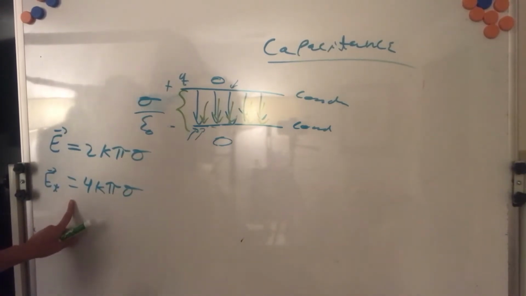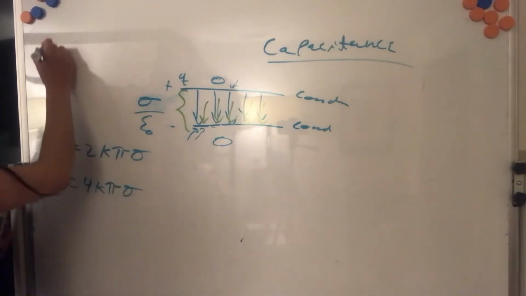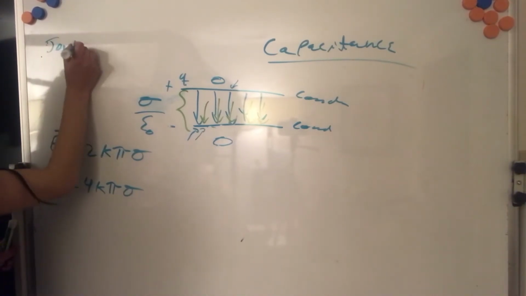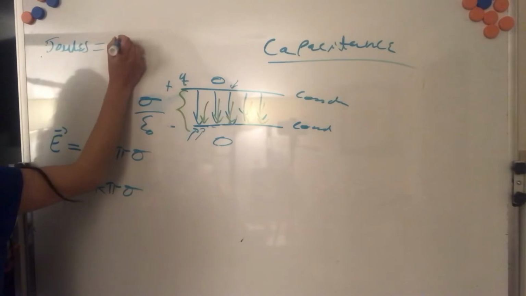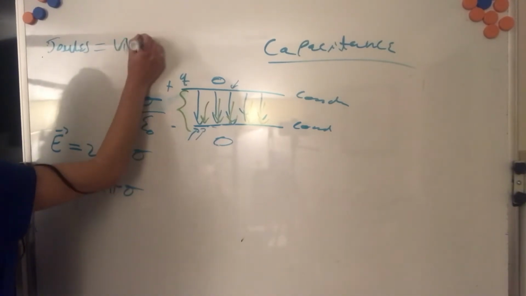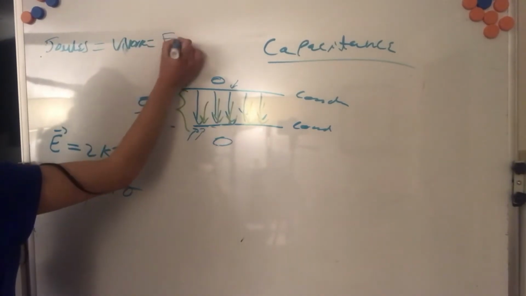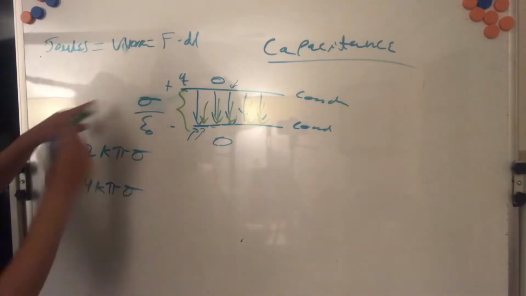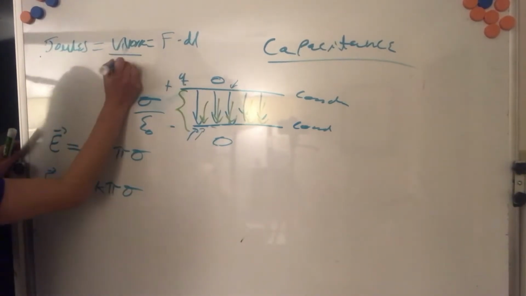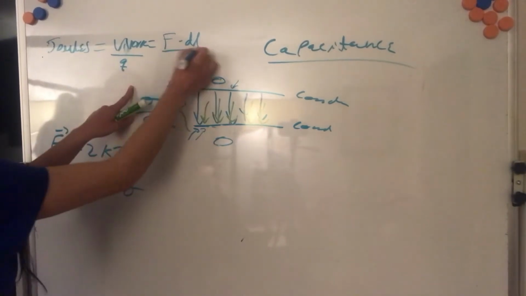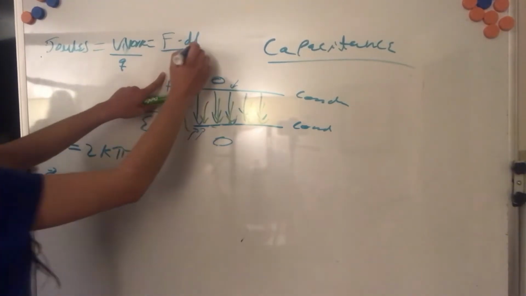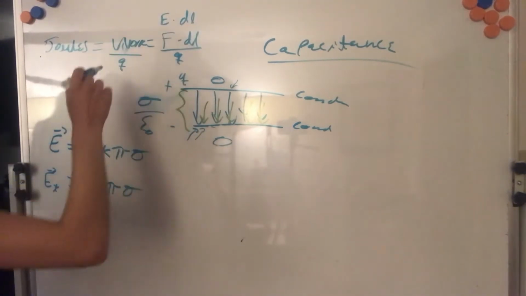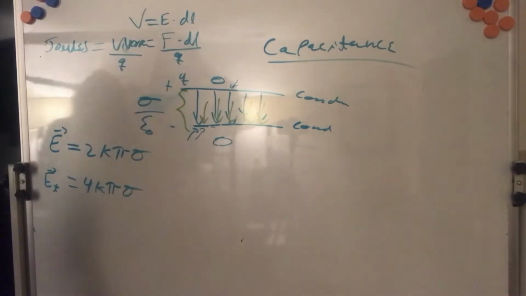Then we have that energy is measured in joules, and this will be the work done. The work is equal to force times distance, and the work done per charge is the same as the electric field times the distance, and this is called the voltage.